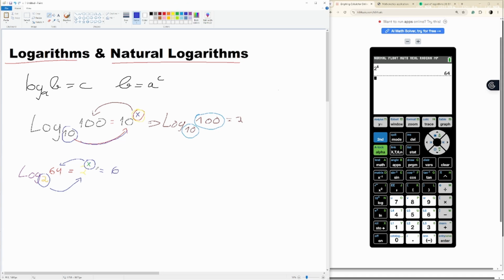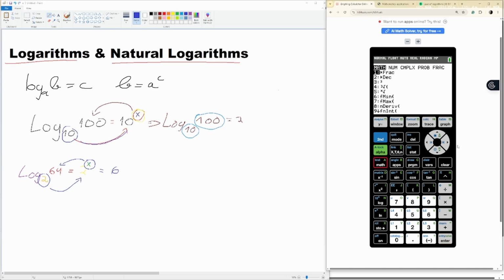And you don't always need to know this, because you have it in your calculator as well. You go to math, you go straight to the bottom, and there's log base. So the base is your first one. You can choose whatever. Let's do our same example. Log base 2, and the number is 64, and we get 6.